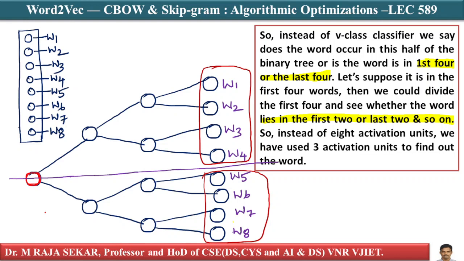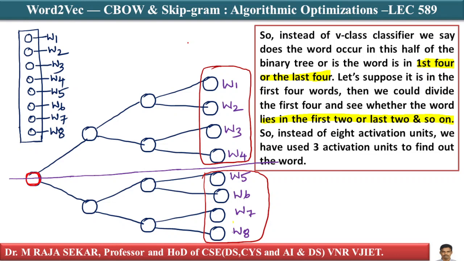What I am doing here is, the first activation says whether the output is in the first 4 words or the second 4 words. This is a binary activation unit.